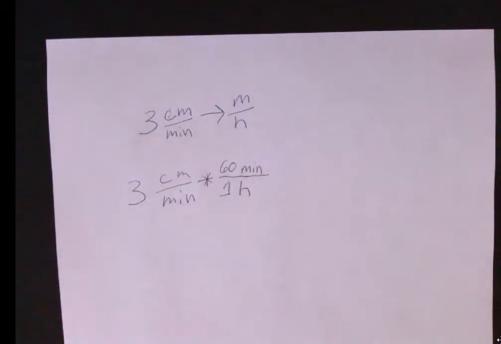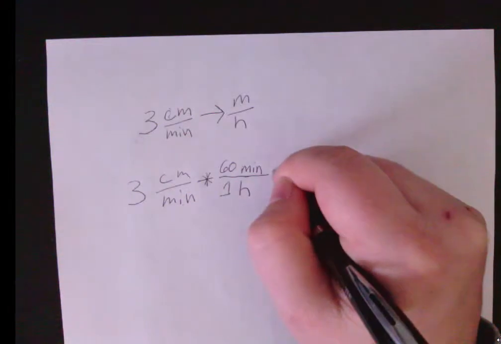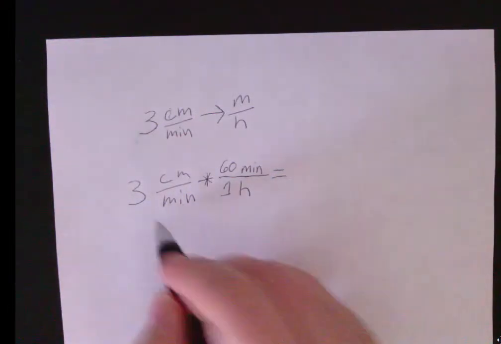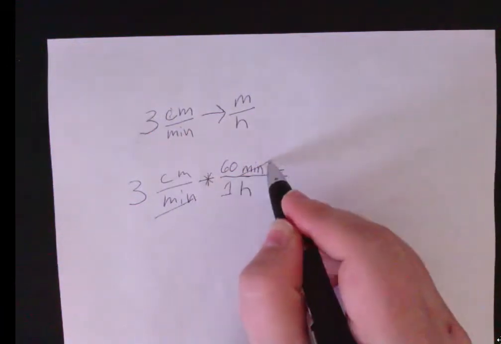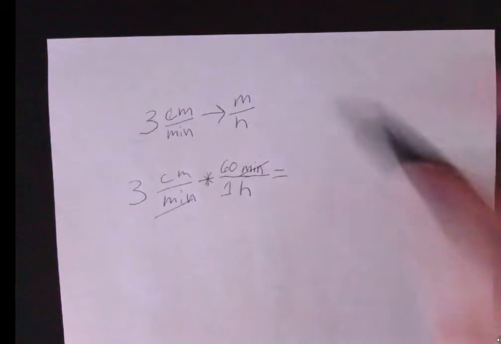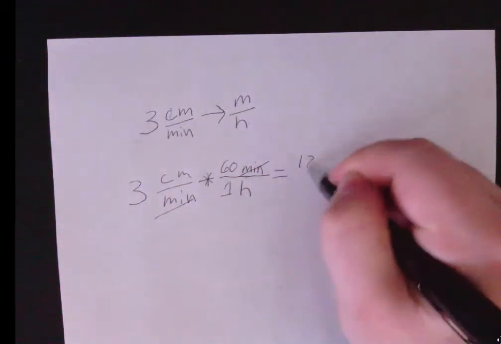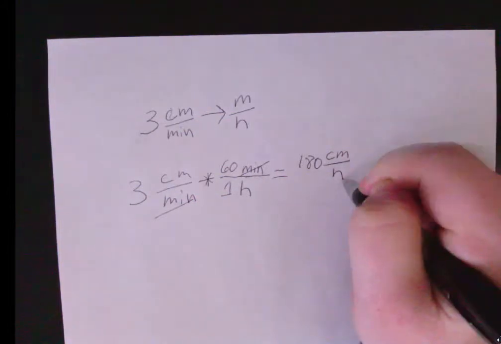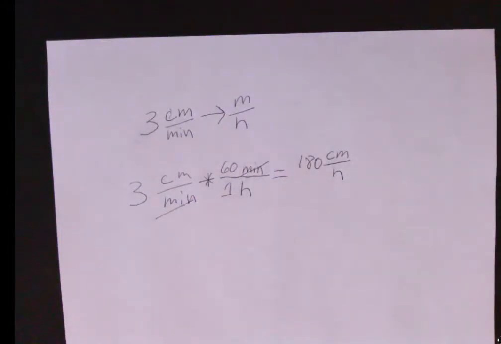So I can put 60 over 1. And now when I calculate this out, this unit will cross out this unit. So then it's just 3 times 60. So you're going to have 180 centimeters per hour. Are we completed?